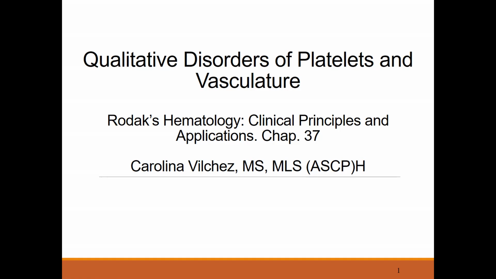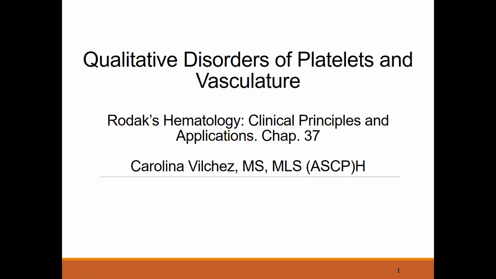So petechiae, purpura, ecchymosis, and things like that. Some patients also have epistaxis and menorrhagia and hemarthrosis, which is bleeding into the muscles and the joints. But most times the platelet count for these types of disorders is normal.